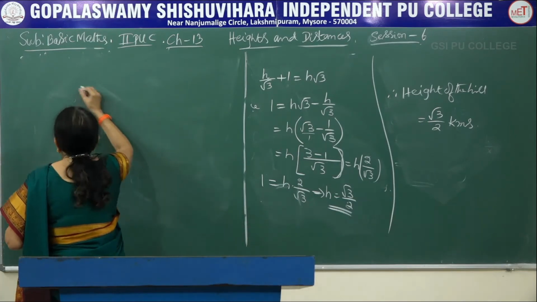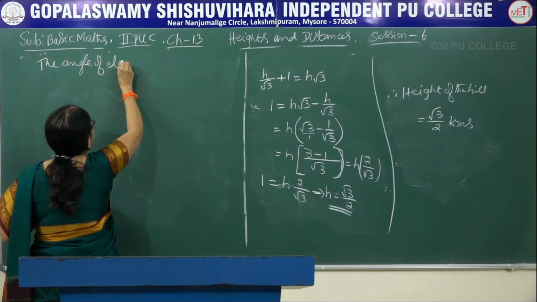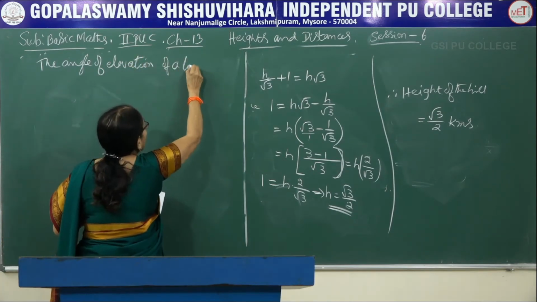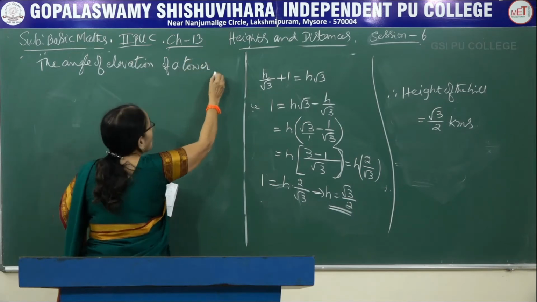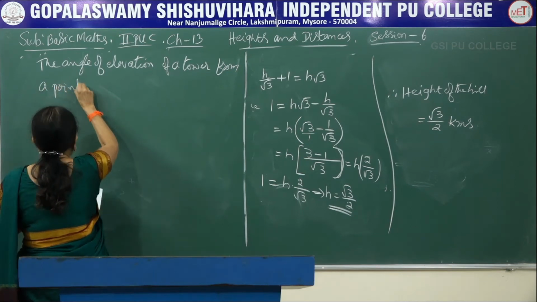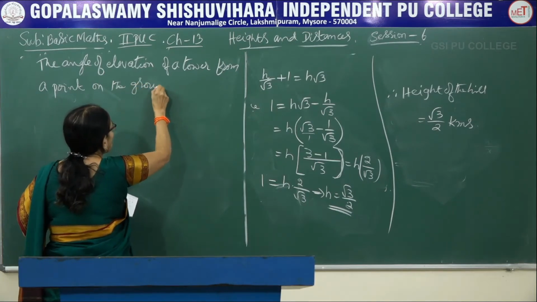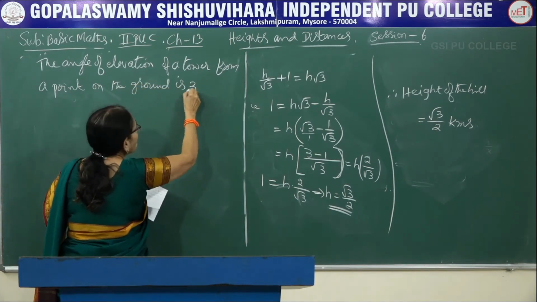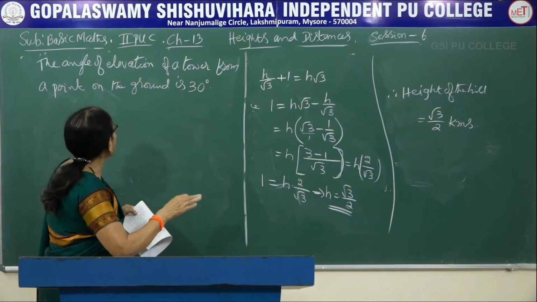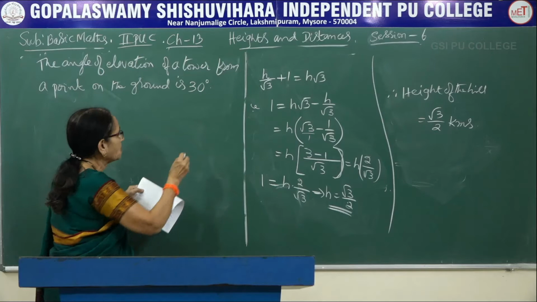The angle of elevation of a tower from a point on the ground is 30 degrees. So a person is standing on the ground and a tower is observed. The angle of elevation is seen to be 30 degrees.